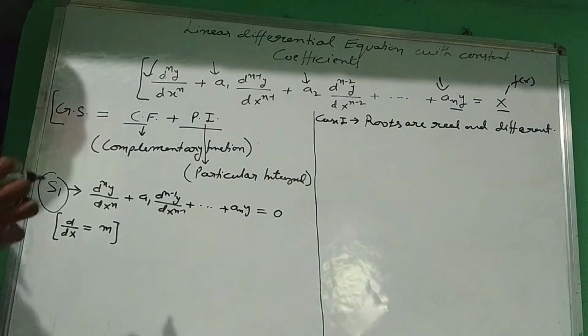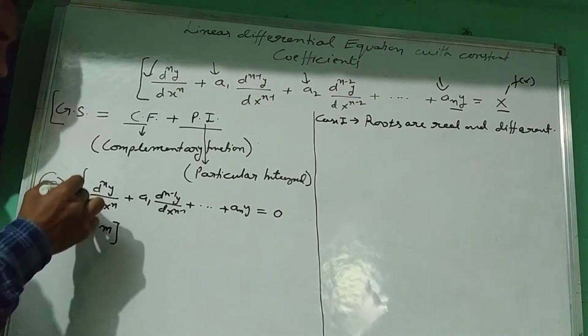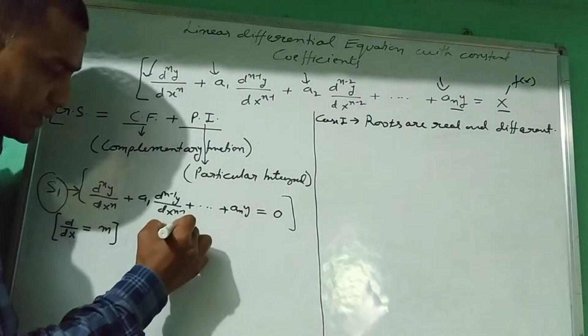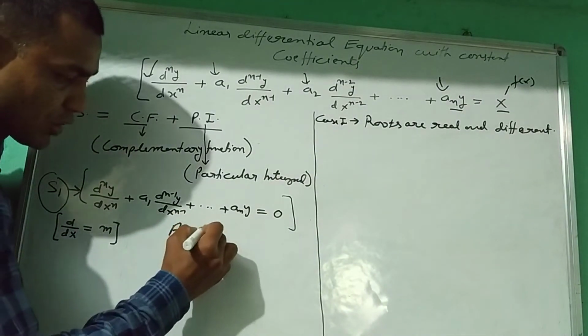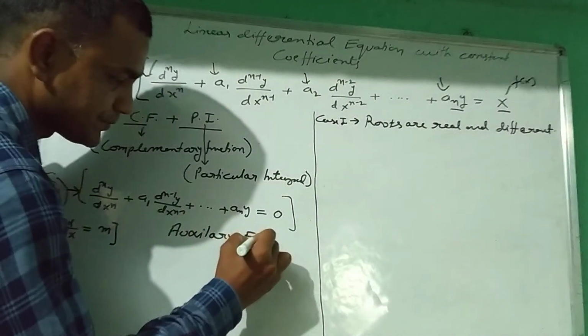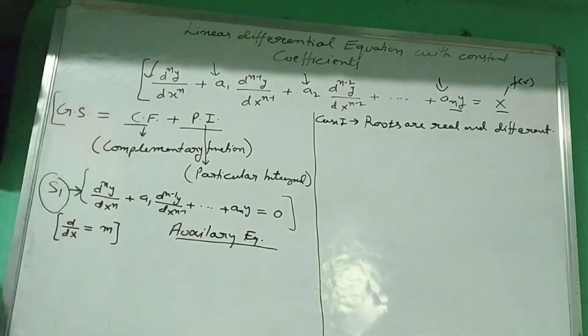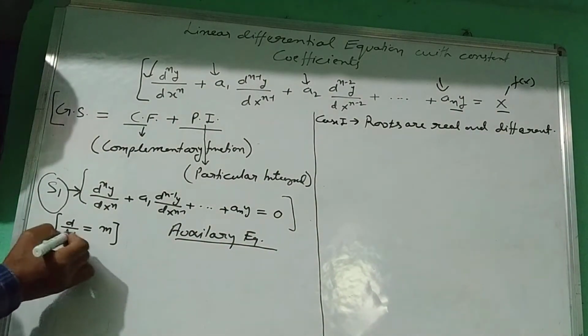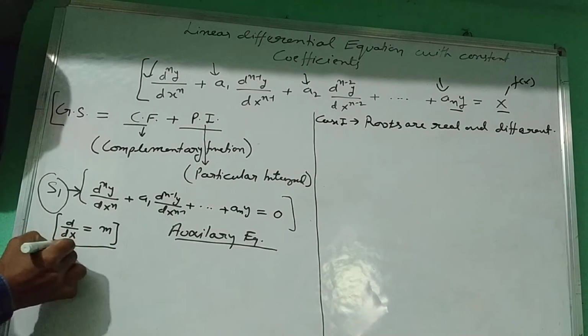First we write this equation in the form of the auxiliary equation. Now, in this equation, we put d over dx equal to m.